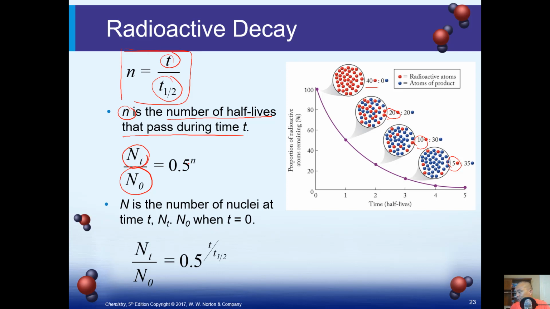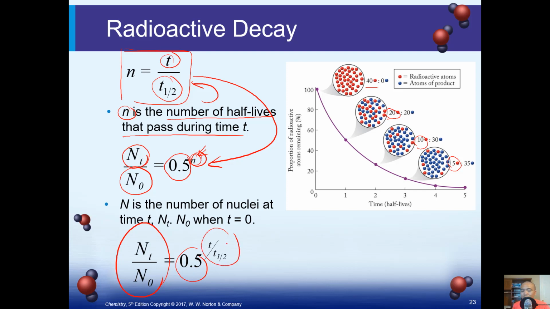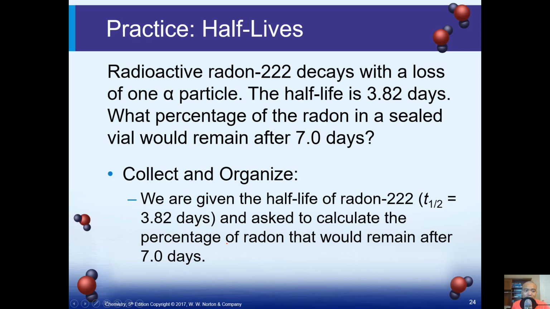This will be one half raised to the number of half-lives that have passed. Since n is t over t half, we substitute this in, and we have a new equation used to calculate the fraction of radionuclides that remains, which is one half raised to t over t half. Let's look at one example.